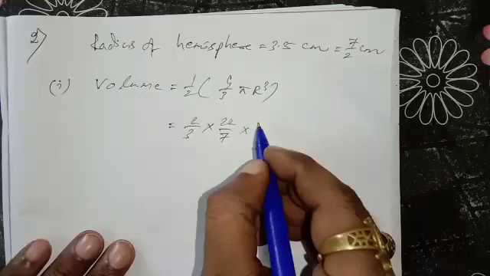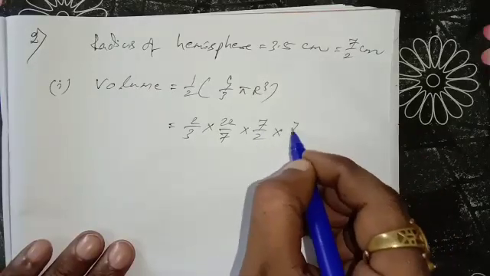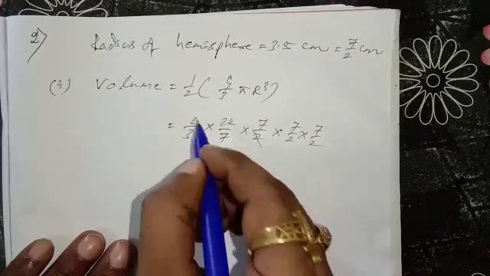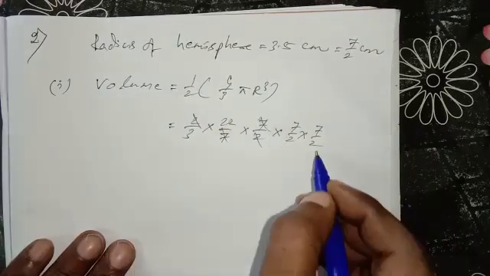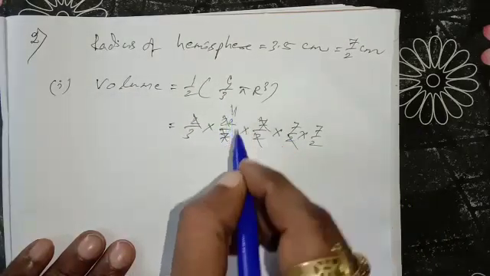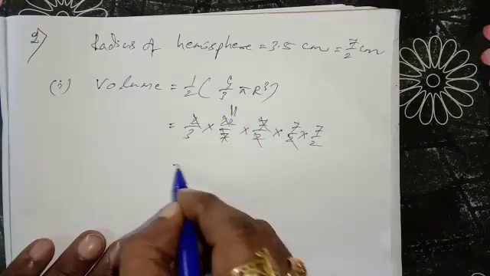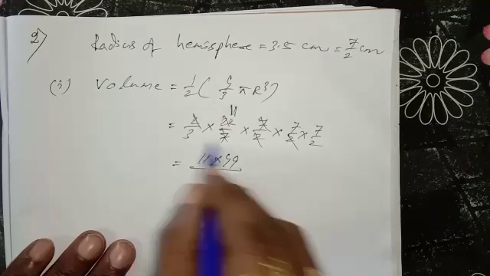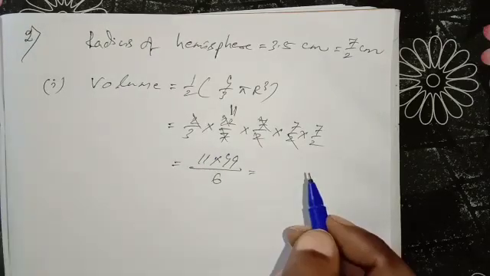R means the radius is 7 by 2, you have to write 3 times: 7 by 2, 7 by 2, 7 by 2. 1 2 cancel here, 1 7 cancel here, 2 cancel. 11. How much are you getting? 11 into 7 7 is 49 by 3 into 2, just 6.